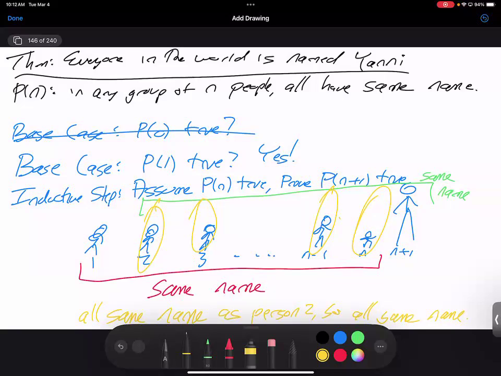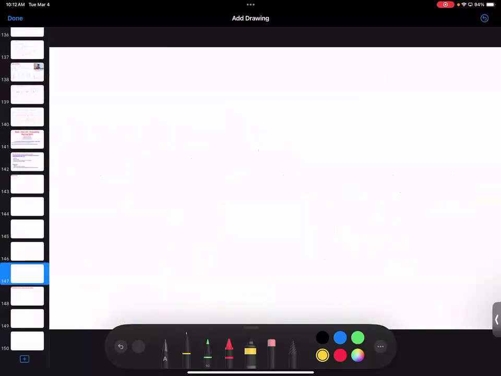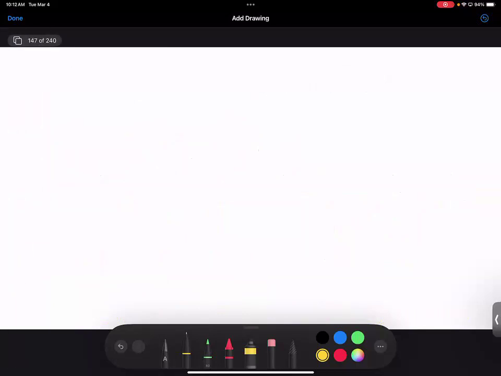What's wrong with this argument? Is there a mistake? It assumes that n is at least 2. Yes. So the issue, it was a bad picture.